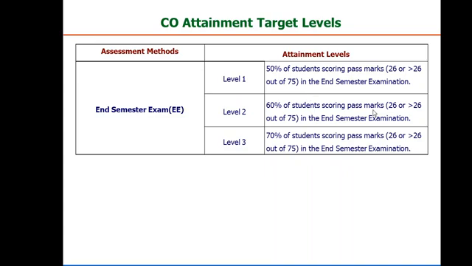If 60% of students scored 26 and above, make it level 2. If 70% of students scored more than 26, then level 3. For an easy subject, these level percentages may be varied. By keeping the moderate subject average, these levels are assumed.